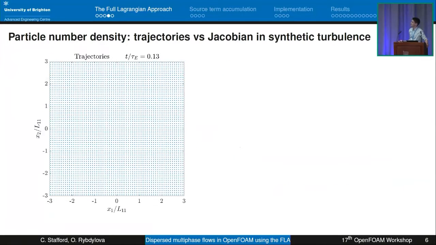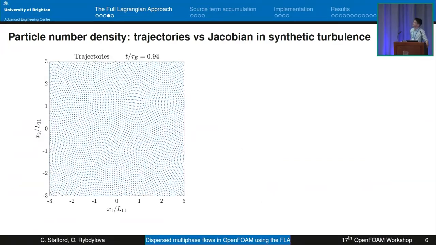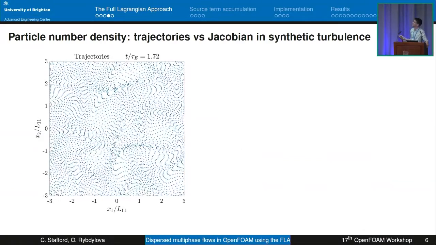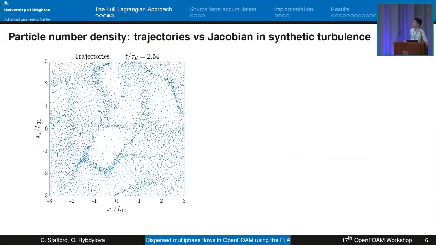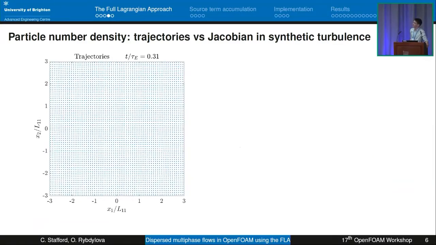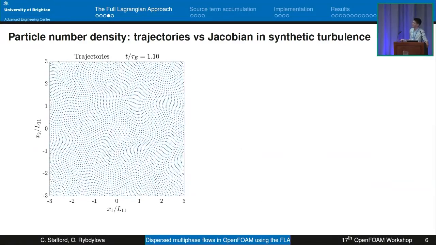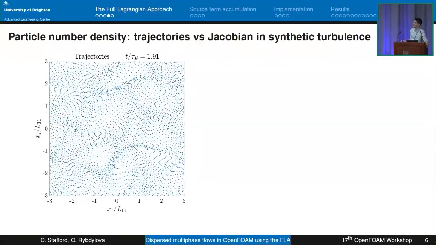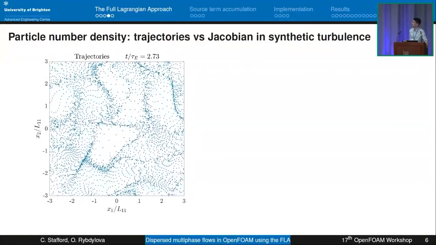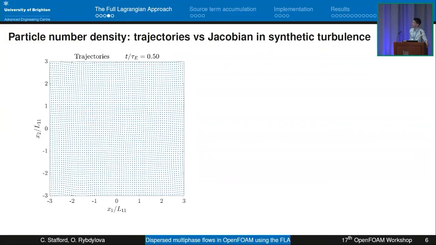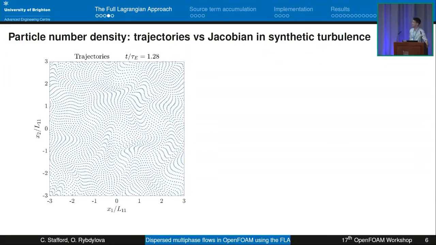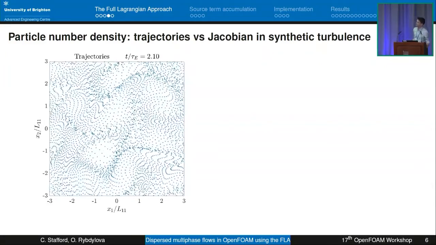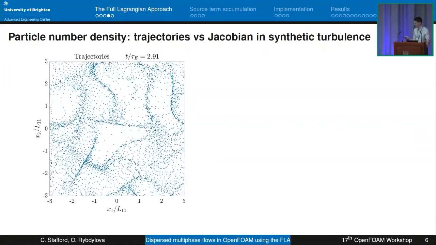So to illustrate this a bit further, this is just a demonstration in synthetic turbulence. This isn't OpenFOAM, it's just for illustration. But if we start a load of particles in a uniform array, and then we look at what happens based upon the evolution of the turbulent flow field, we see that we get defined clusters and voids. And that's just looking at the droplet positions and trajectories themselves.